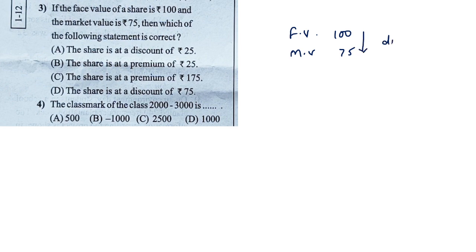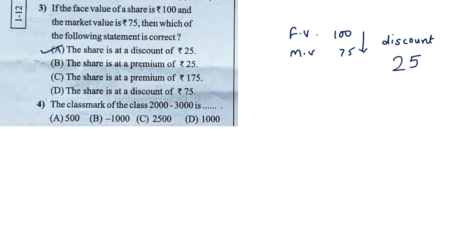Therefore we can say that this share is at a discount. And how much is the discount? Discount of rupees 25. Means option number A is the correct option. This share is at a discount of rupees 25.